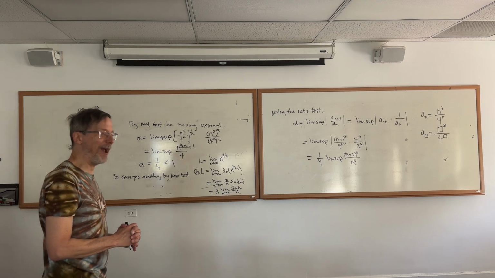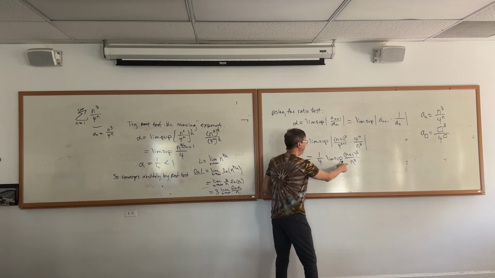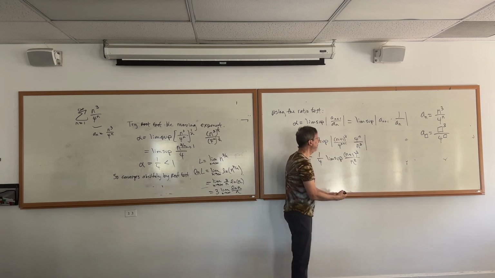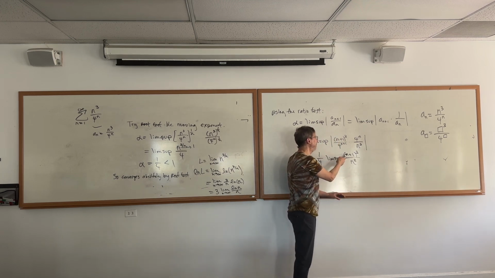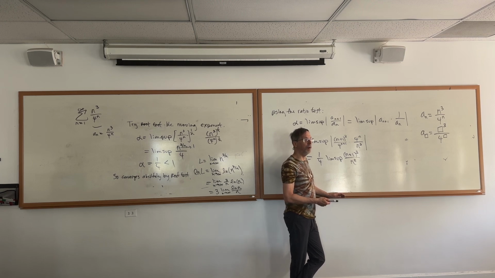Okay, all right, cool. So when n is super large, when n is 1,000, what is this ratio approximately? What's 1,001 cubed over 1,000 cubed? Kind of 1, a little more than 1.